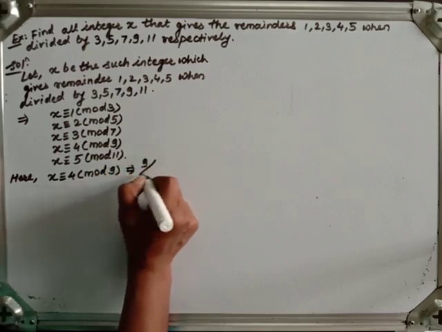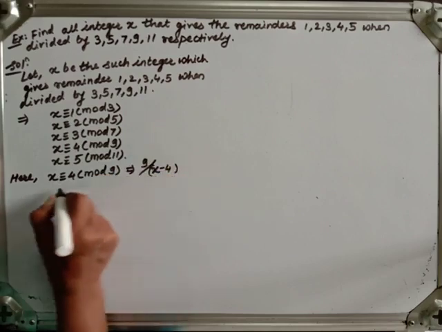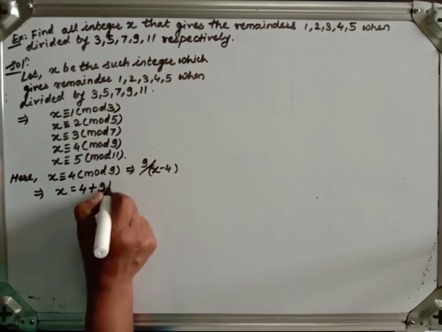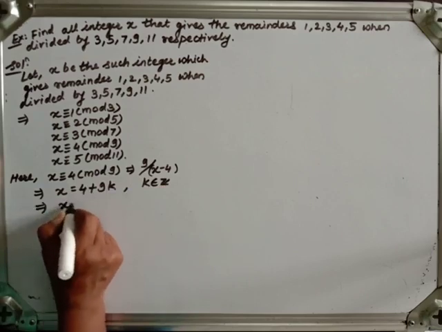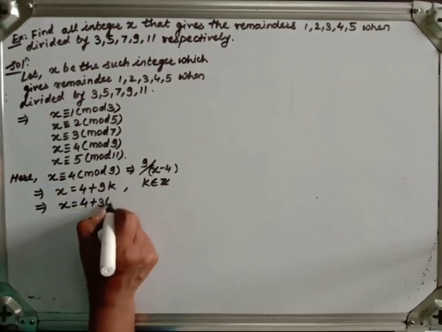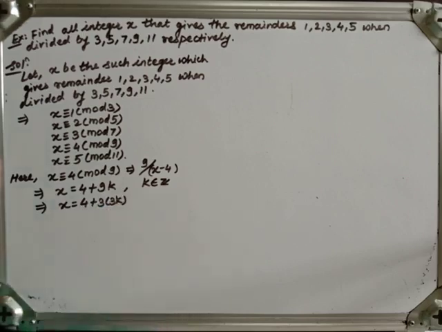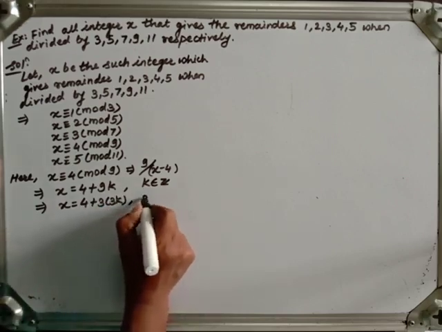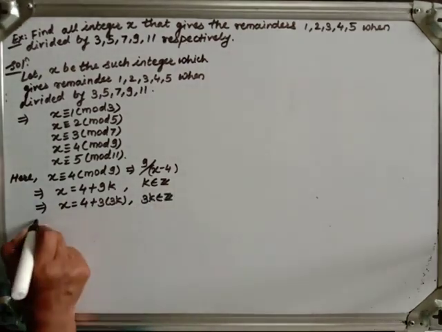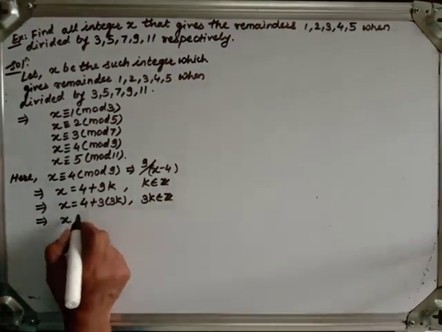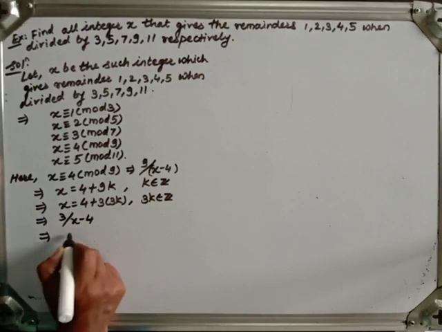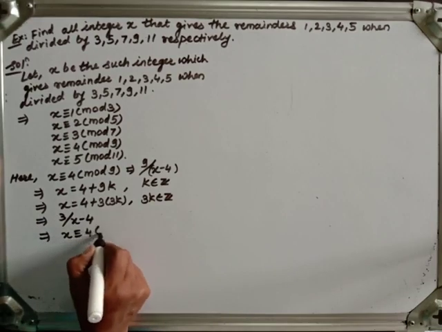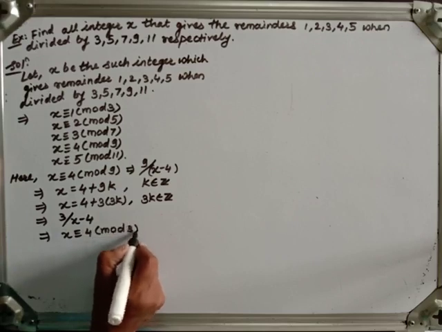gives 9 divides x minus 4, that is x equal to 4 plus 9k for k in Z, that is x equal to 4 plus 3 into 3k, where 3k in Z. So this gives 3 divides x minus 4, that is x congruent to 4 modulo 3.